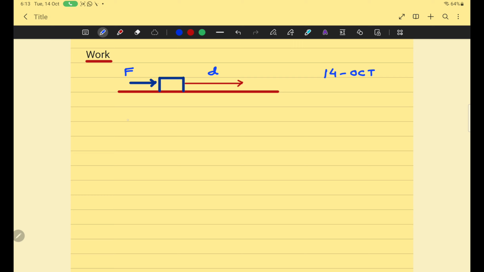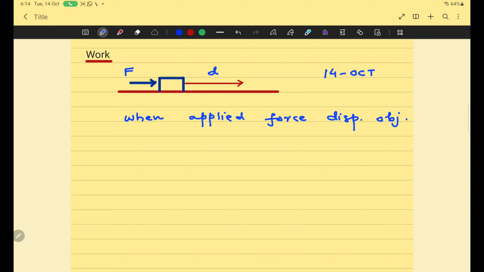Then I'm writing the definition: when applied force displaces object. But in exam you should not write the conceptual definition.